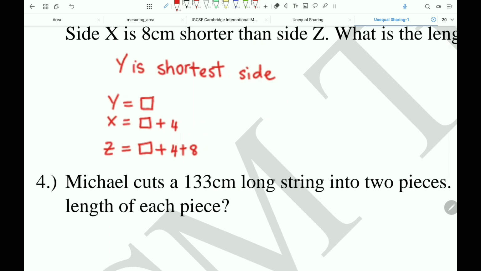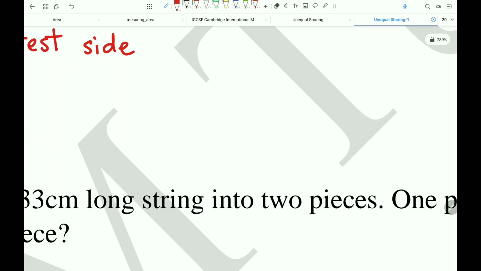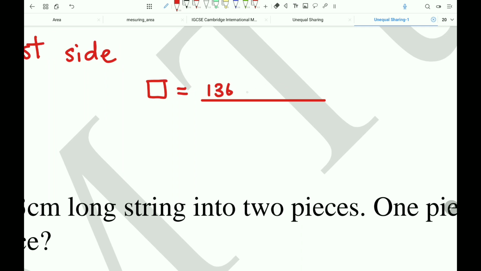Right. Now from here, the idea is the same. What we're going to do is add all the extra numbers we see here, take it away from the total, and divide by the number of boxes, and that would give us what box is equal to. So box is going to be equal to 136, that's the perimeter of the triangle, minus 4 plus 4 plus 8, all divided by 3.